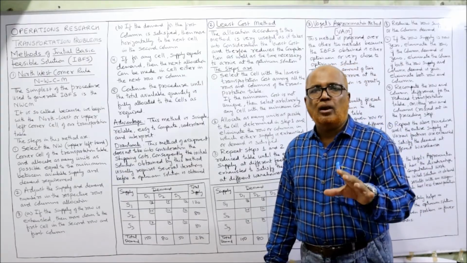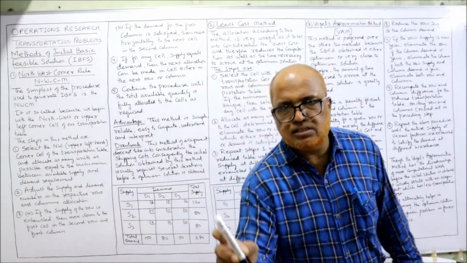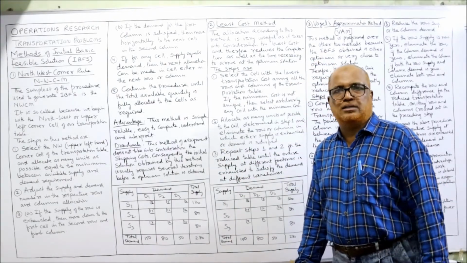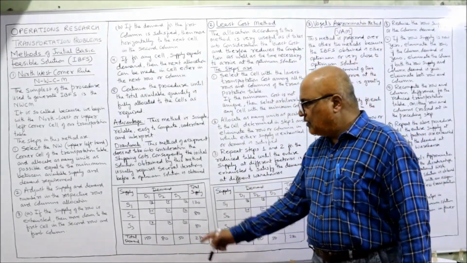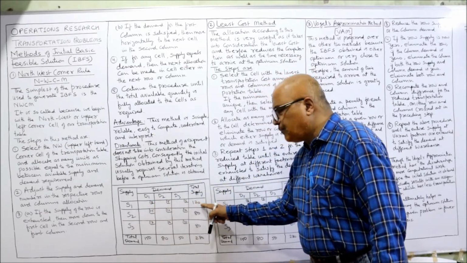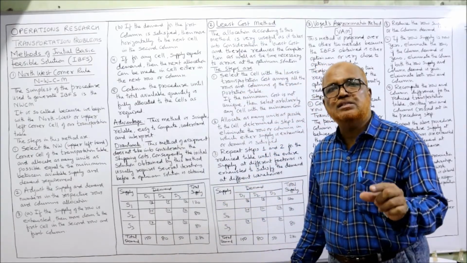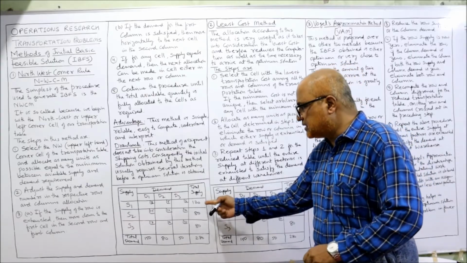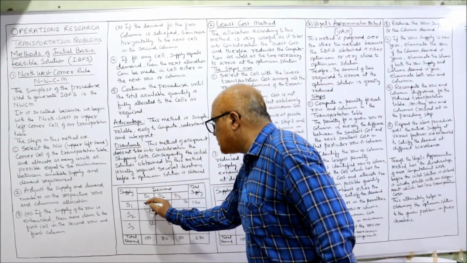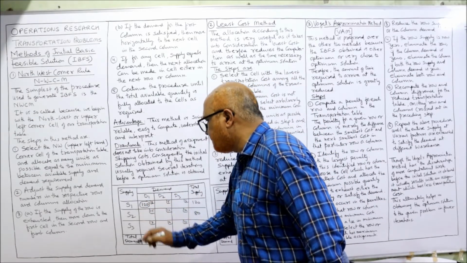Now we have to make the allocation according to northwest corner rule. See carefully how I am going to allocate. First of all, we begin with the first cell. In the first cell, what is the row total? 120. What is the column total? 150. Whichever is less, 120 is less. So I will allocate 120 here. This is called allocation.